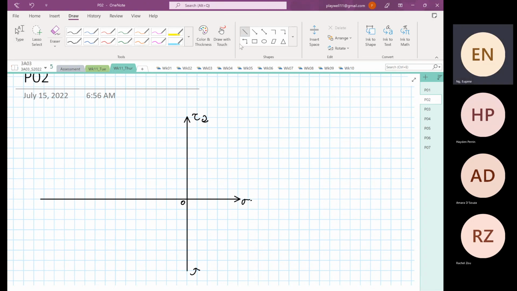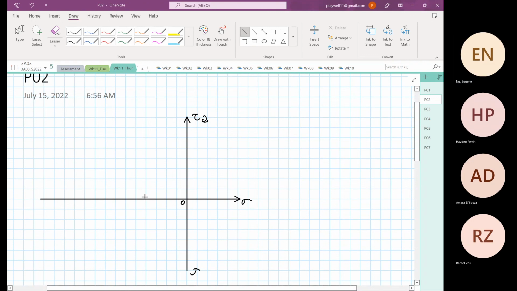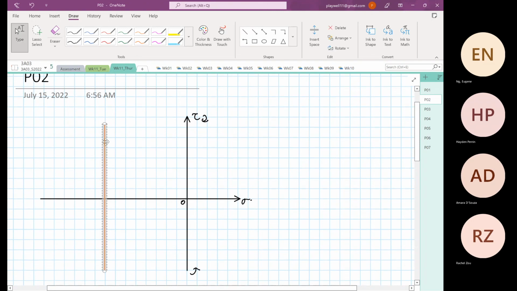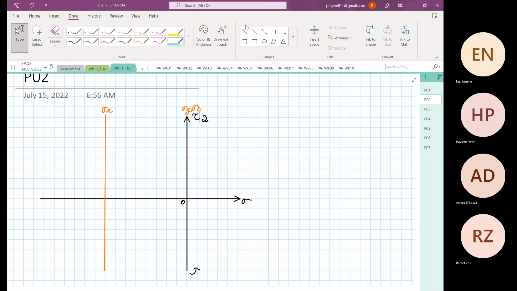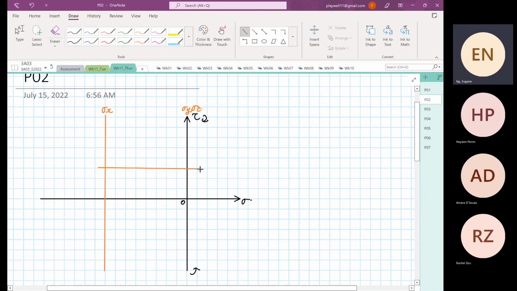I'm only going to construct 2D Mohr circle over here. So this is our stress X, our stress Y, stress Z. This is our shear line.